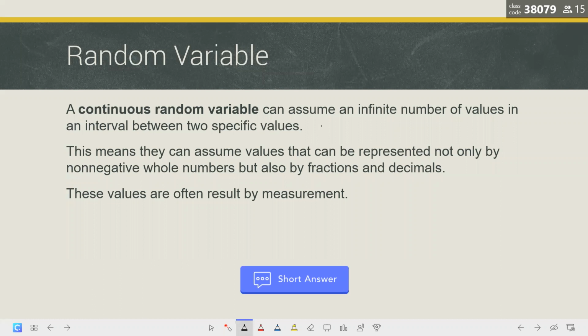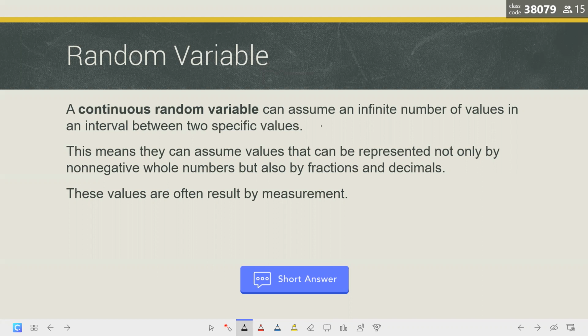Di ba? Dapat exact. That is actually what I am waiting for you to say. Kasi sir, exact po yung mga values dahil meron tayong measurement. So, if the value of the given variable is obtained by measurement, it is a continuous random variable.